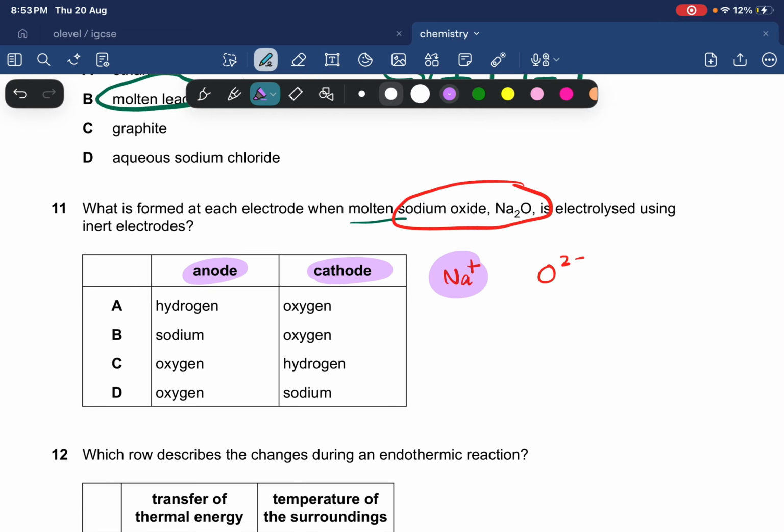Sodium ions are positive ions, and positive ions are attracted toward the negative electrode, and the cathode is negatively charged, whereas oxide ions are negatively charged, so they're going to be attracted towards something positive, and the anode is positively charged.